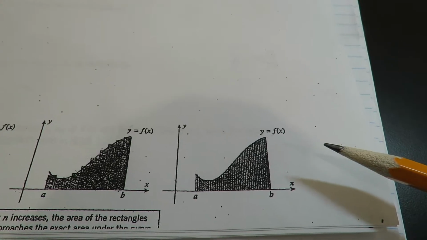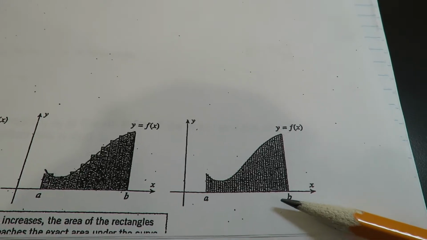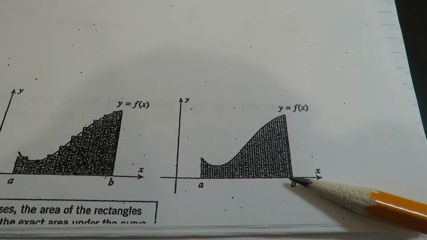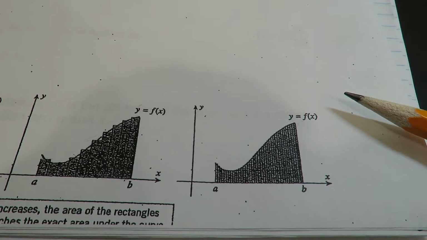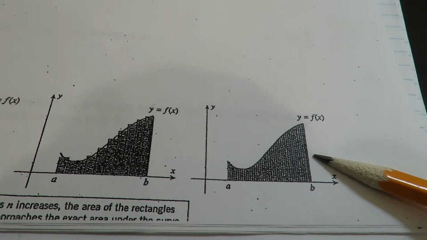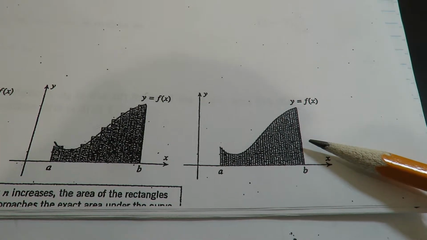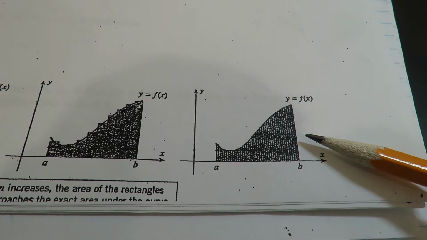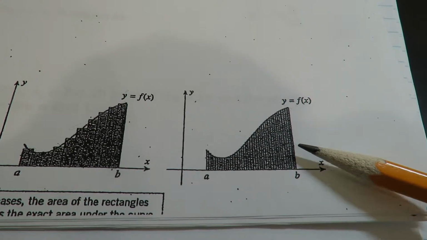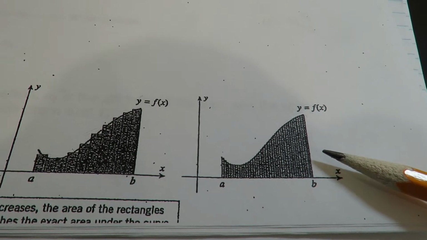The logic is, the more rectangles you use, the more you minimize the error. So then the question is, and this is the jump I want you to make: if this is the best estimate here because it's using more rectangles, how many rectangles do I need to use to get the exact area?